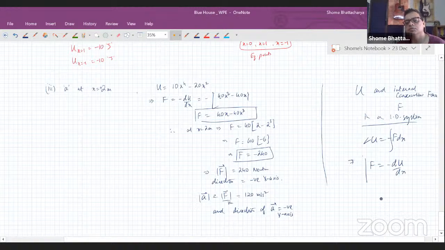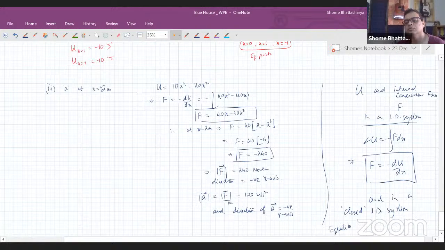This concept, okay, and in a closed 1D system, equilibrium, which means that the net force should be zero, implies that the rate of change of potential energy, or gradient of potential energy, should be zero.